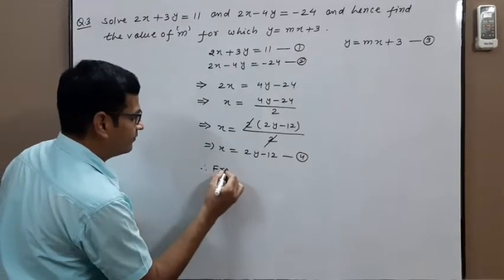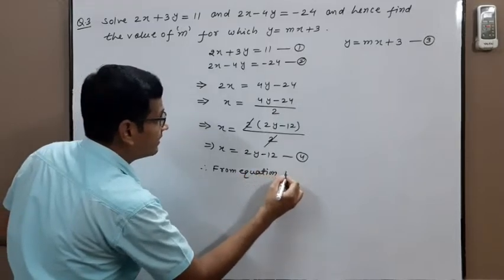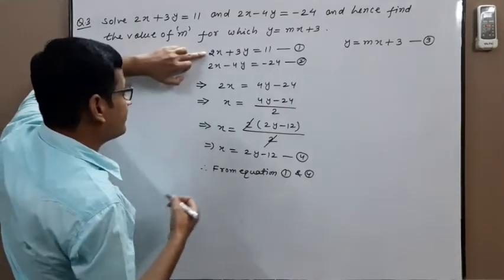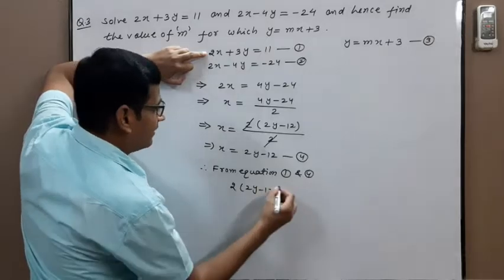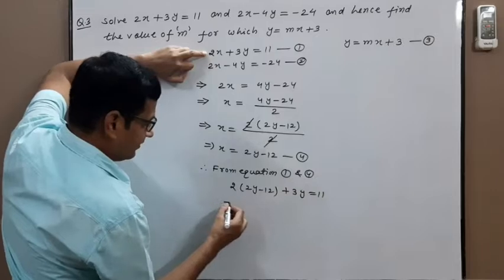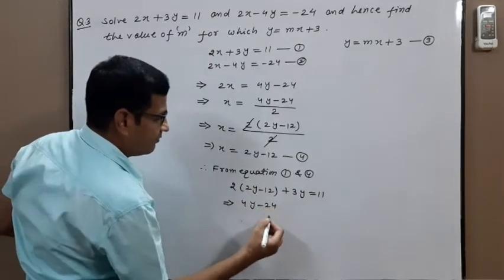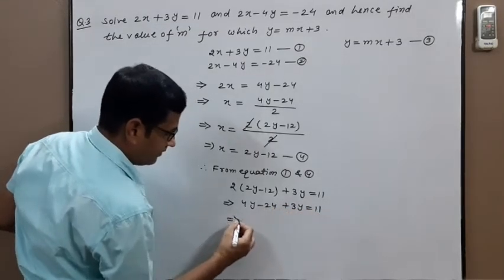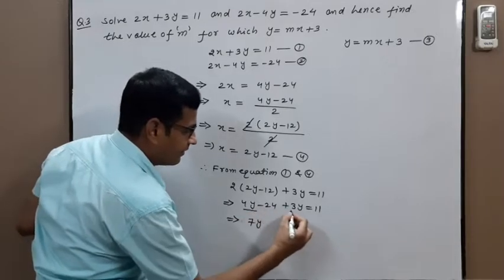Therefore from equations 1 and 4, equation 1: 2x, so 2 into 2y minus 12 plus 3y is equal to 11. 2 times 4y minus 24 plus 3y equal to 11. 4y plus 3y, 7y.